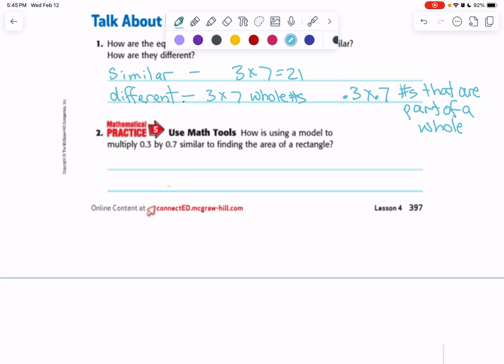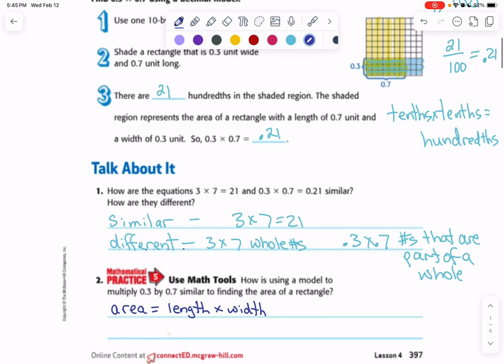How is using a model to multiply 3/10 by 7/10 similar to finding the area of a rectangle? Well, what's the formula for the area of a rectangle? It's area equals length times width. And isn't that what we did up here?